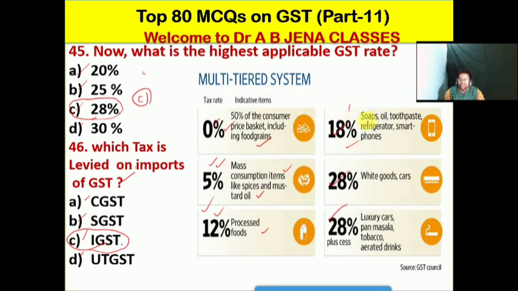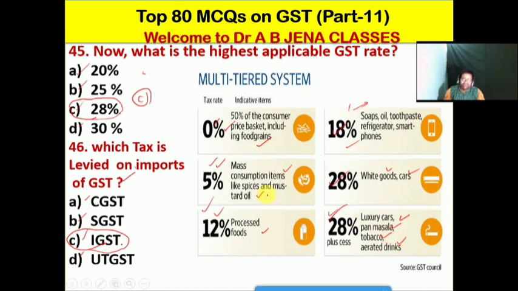When we purchase these items, we will pay 18% GST. There will be 20% GST in the case of white goods and cars, etc. Then the 28% tax will be paid in the case of luxury cars, pan masala, tobacco, and aerated drinks.